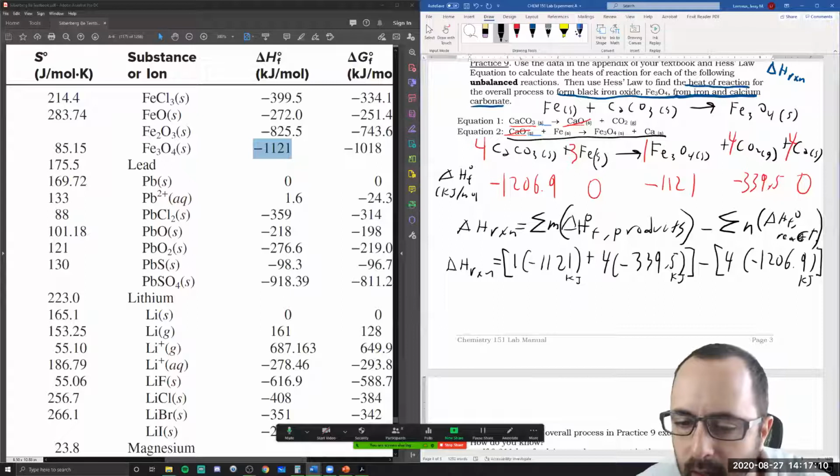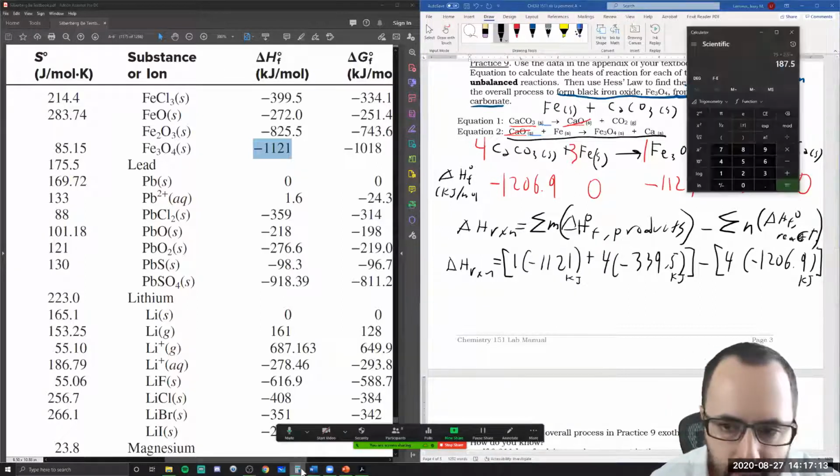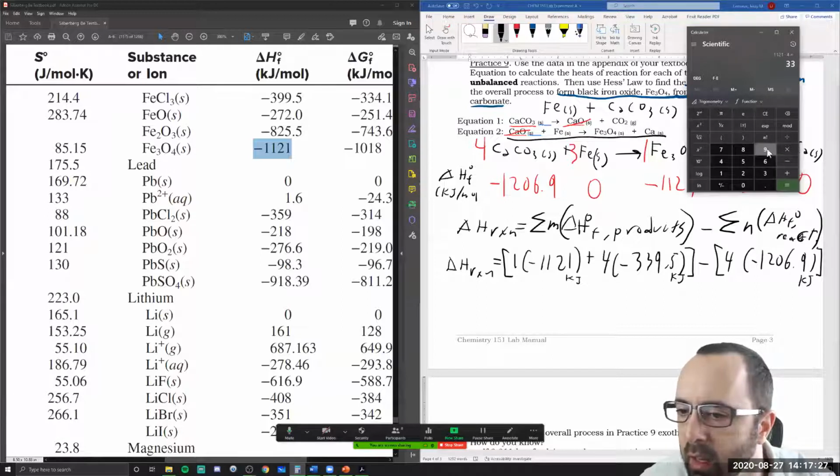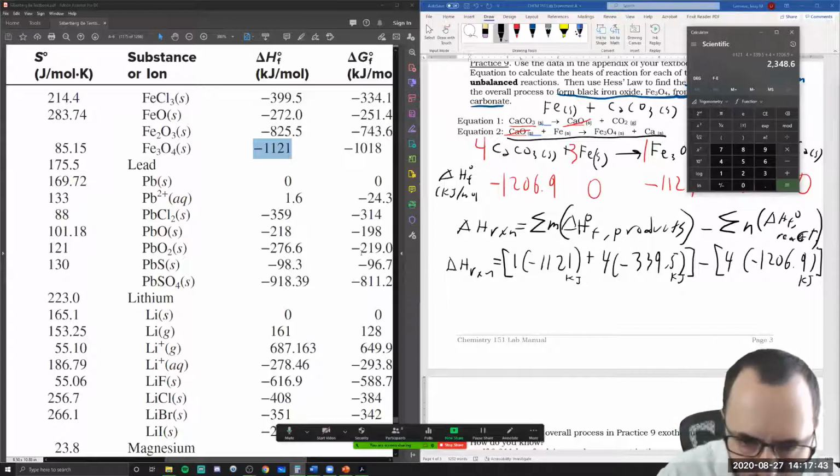And now I can calculate this out. It will be negative 1121, and then minus, because we have a negative here, 4 times 339.5. And then this will be a negative of a positive, so it will be plus 4 times 1206.9 equals, and we get a positive value.